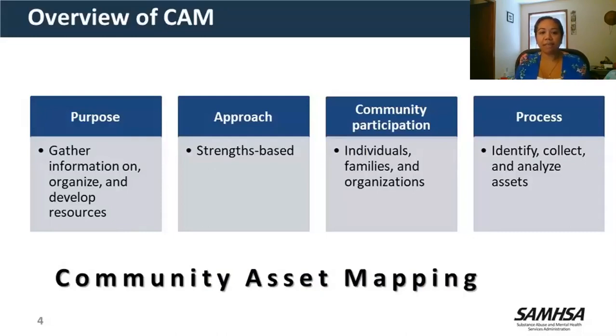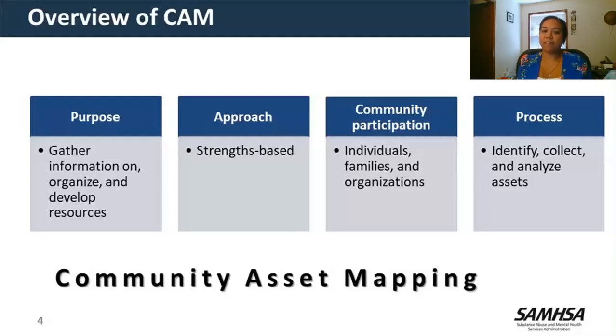Community asset mapping is an exercise that encourages community participation. Anyone can be involved: individuals, families, organizations, tribal leaders, youth. It is meant to be a holistic process.